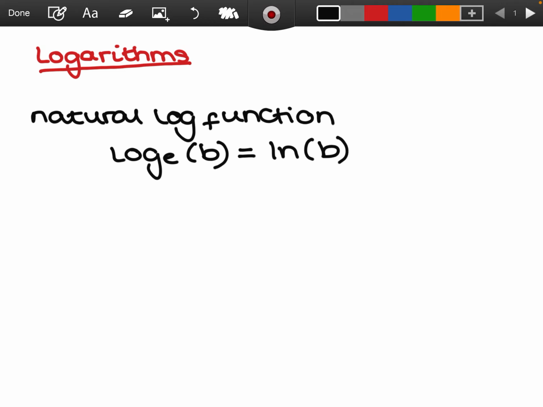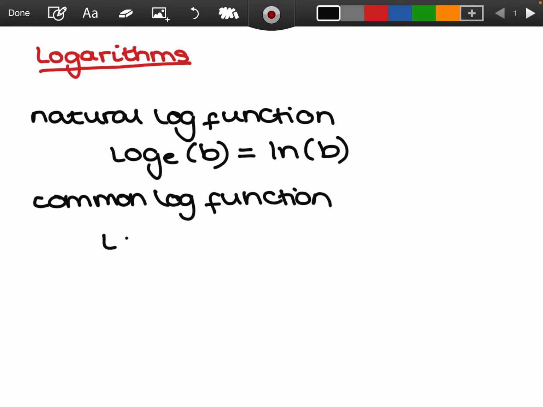The other log function that you have to be aware of is called the common log function. And the common log function is just a log base 10. And again, for a shorthand, if you ever see log, but it doesn't have a base, it just gives you log and the argument, that means that we are using the common log function.